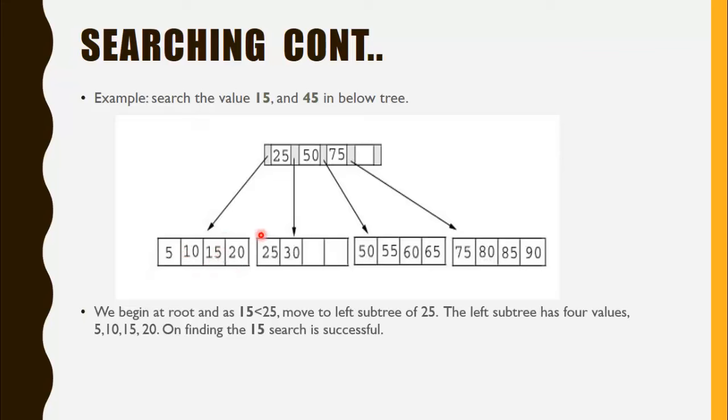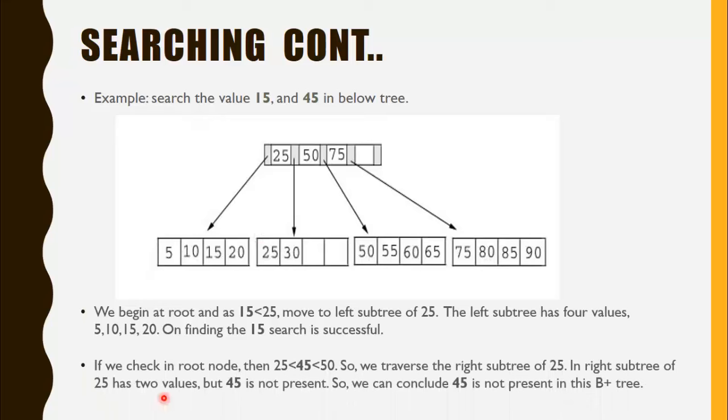Next we do the same thing for 45. We check at the root node where 45 falls. It's not less than 25, so we move on. It's greater than 25, but it is less than 50.